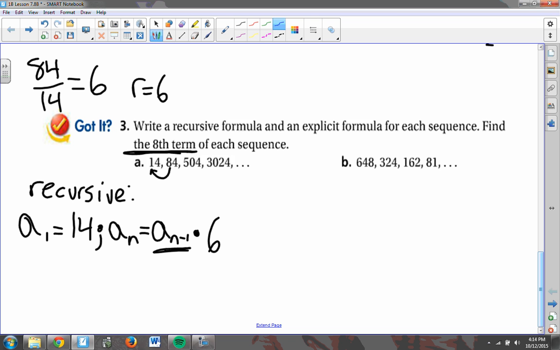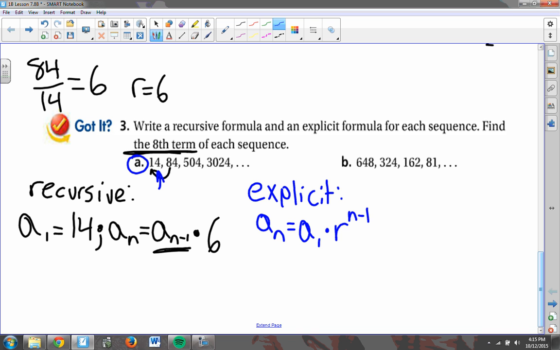And now I will write, again for letter A, an explicit formula. Remember that one has the general form a sub n equals a sub 1 times my r value to the n minus 1. Okay. I already know my a1 value.